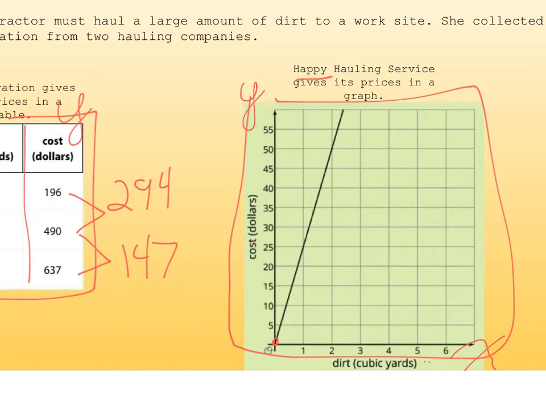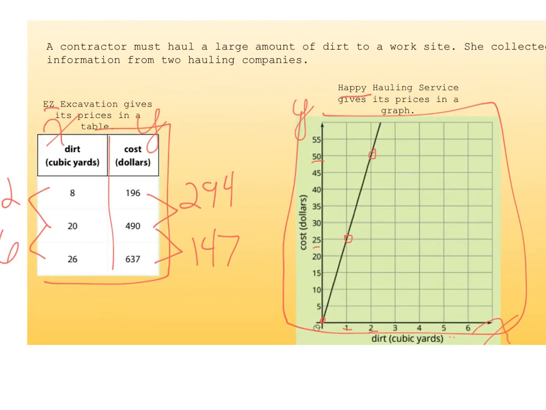Let's go up in here and be mindful of a pretty point. Right there is 1. Now let's go over here. 50 and 25, pretty easy to recognize and work with. Think of quarters. 1 and 2. Okay, remember the slope is the amount the y changes per 1. Okay, so right there, our rate of change is pretty clear on this one for Happy Hauling Service.